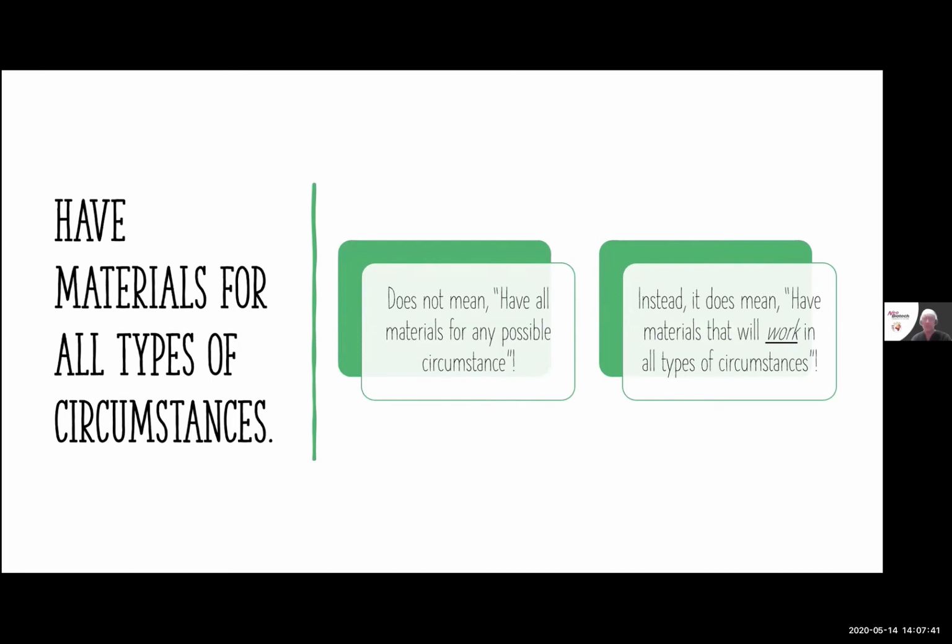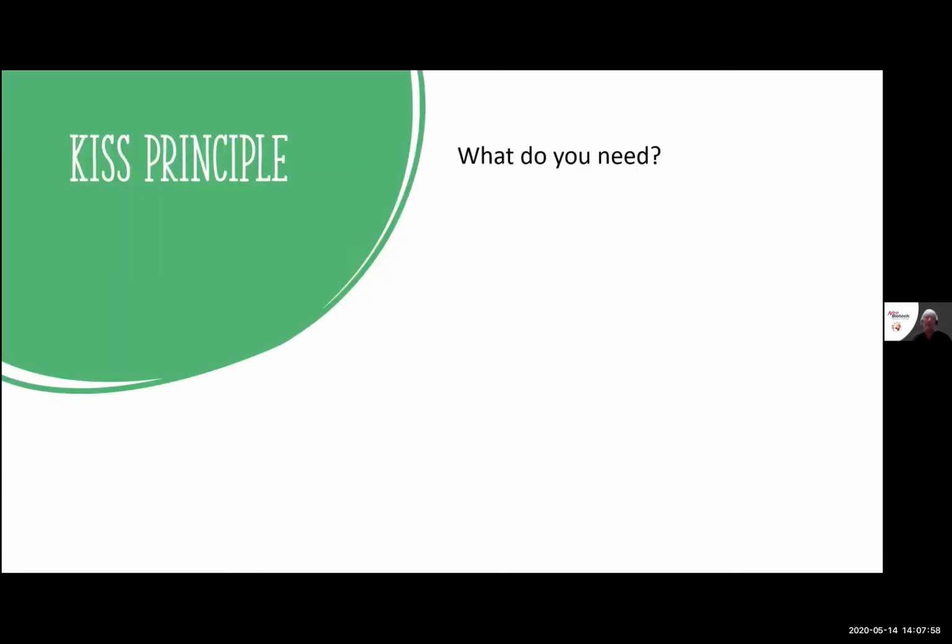I use the same type of material for that. There may be a little variety, but I have the same materials that I use for the majority of the grafting that I do. And so finding a good success for materials that you have that will work in a variety of different circumstances, that's what I'm talking about as a key principle.